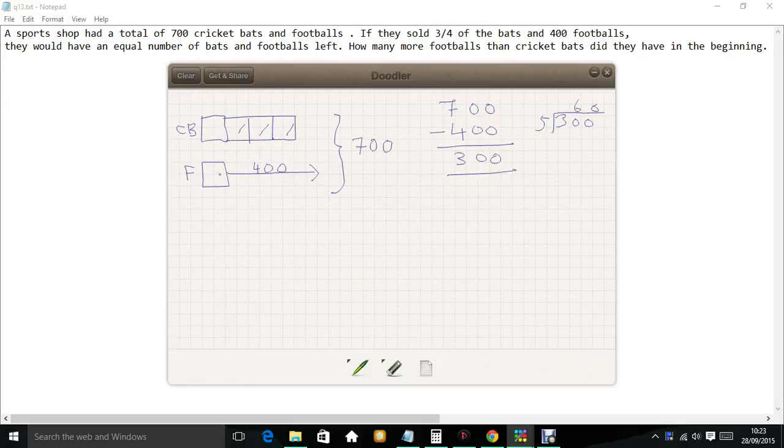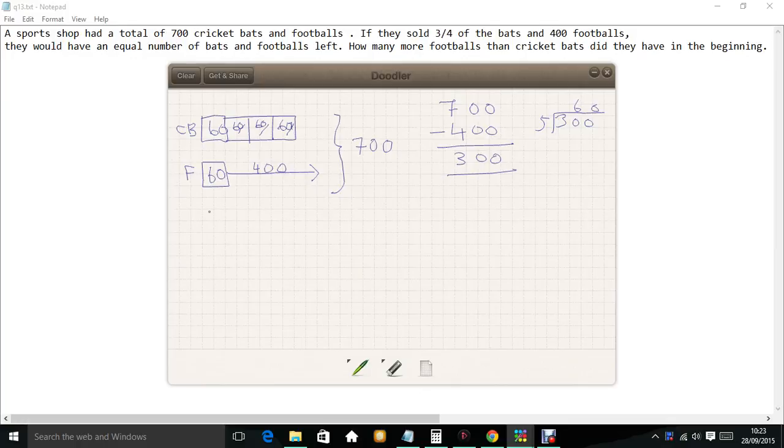So we know that each of these has a value of 60. This is 60, 60, 60. Are you with me? Because each of these was an equal size portion: 1, 2, 3, 4, 5. We know that this part is worth 300, so we divide by 5 to get the value of each portion.